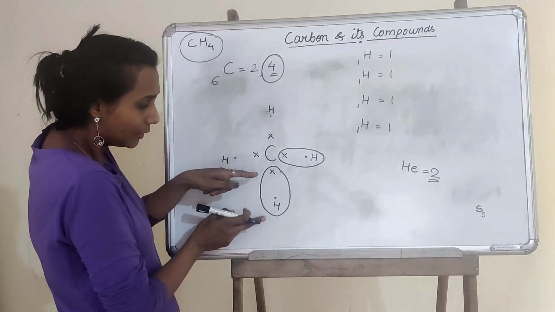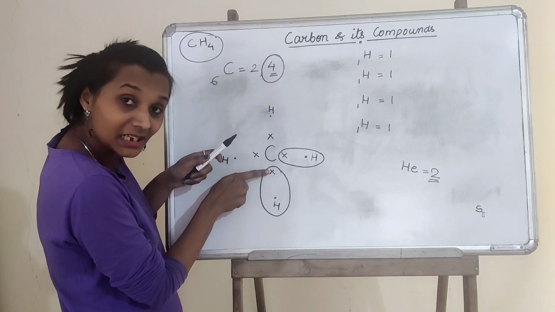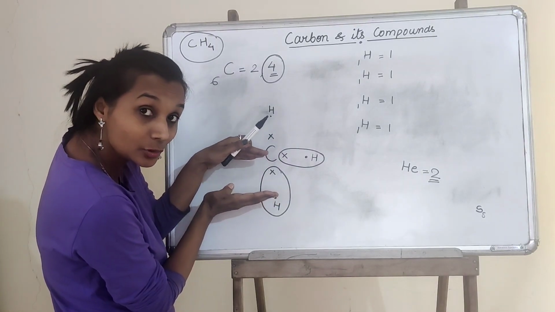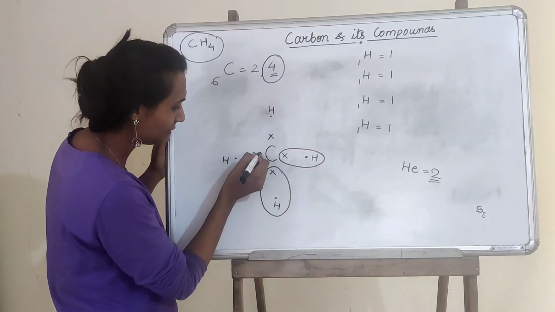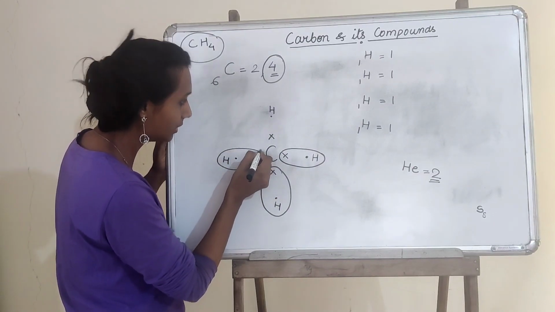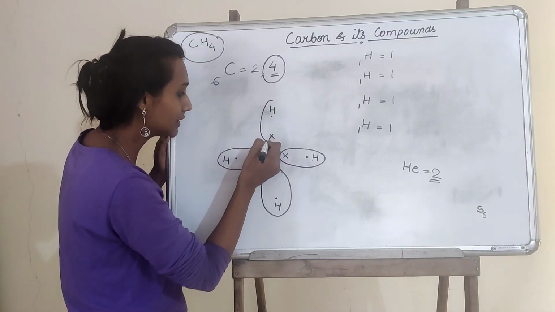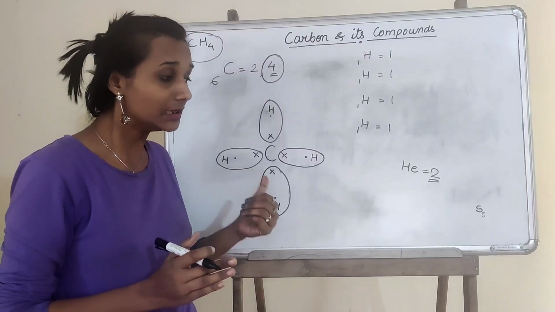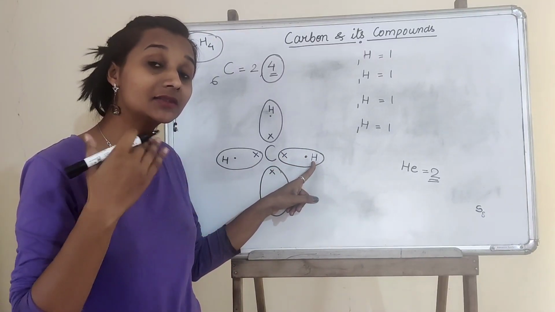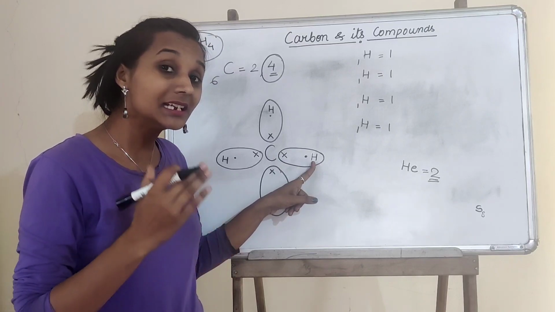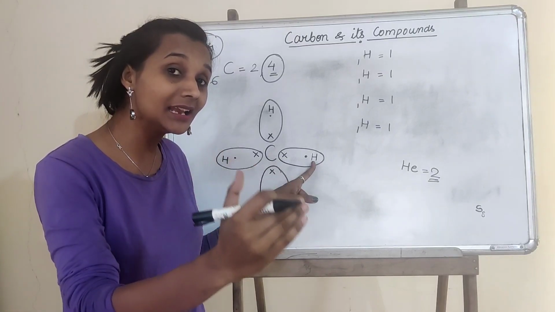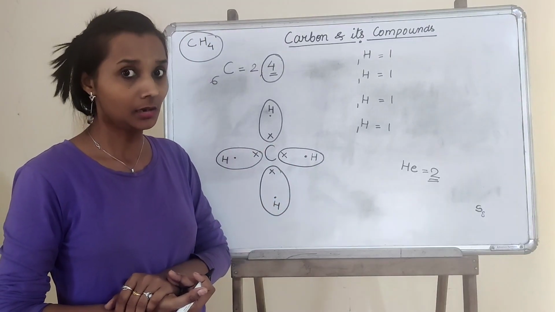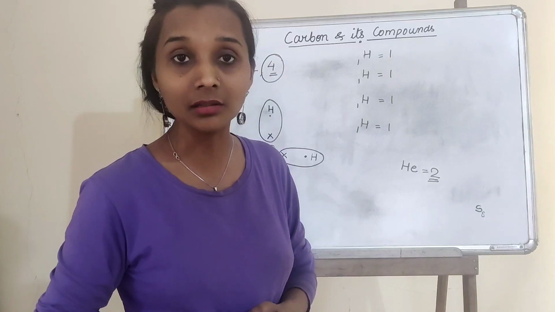Can you see carbon is sharing its electron with the hydrogen to complete its duplet. Now the same condition here, equal sharing. Here also can you see sharing. So when I have drawn the figure like this, in this way hydrogen has fulfilled its nearest noble gas electronic configuration of 2 electrons. But what about carbon?